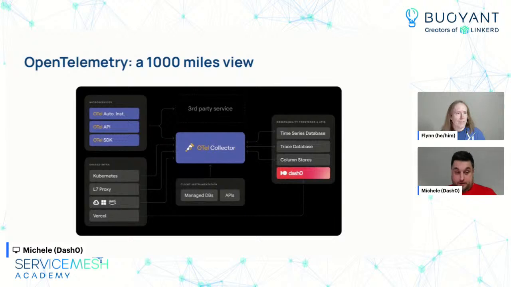Now, here you see on screen a rather abstract architecture in terms of collecting data. On the top left side, you see the way data is generated. So in OpenTelemetry, you have SDKs, which are implementations of the OpenTelemetry API. On top of it, you can add auto instrumentations.